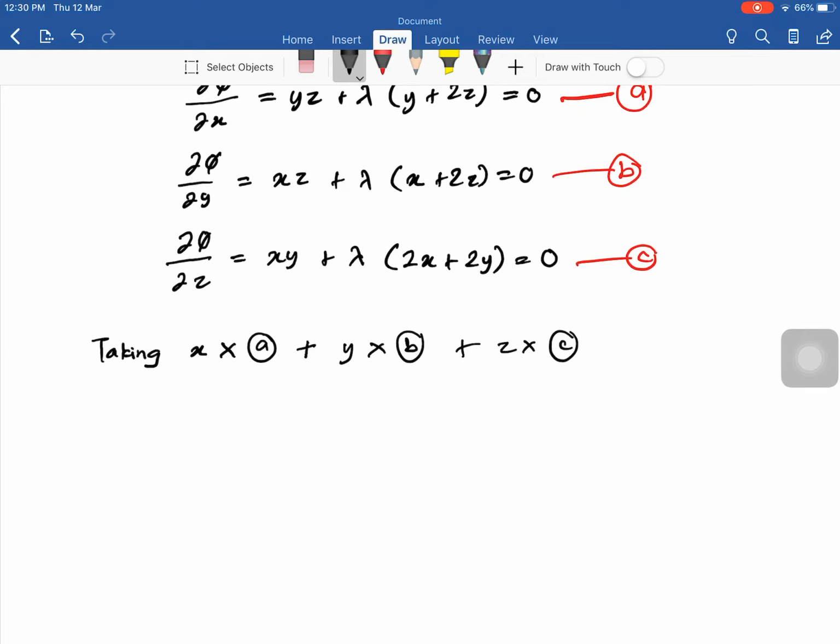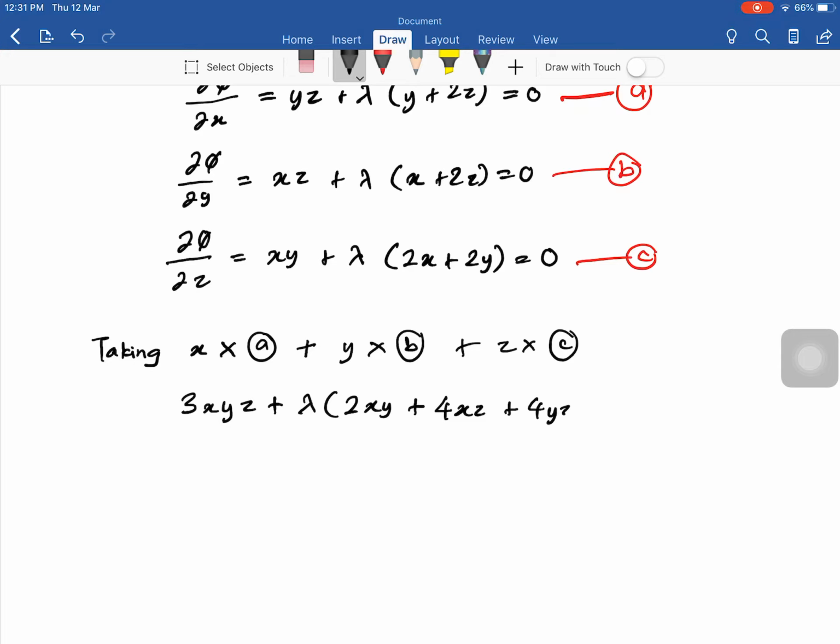So the outcome will be, so I simplify it. I just go straight to the answer. So this is the answer, lambda and 2xy plus 4xz plus 4yz.